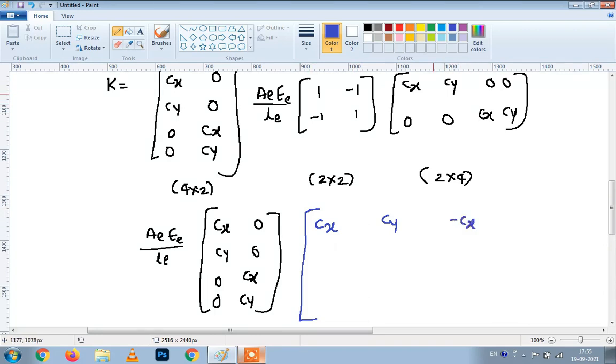The next one will be minus 1 into Cx, minus Cx, and minus Cy. In this way, we have to multiply and get our matrix. For the second row, we multiply the second row with the first column. So minus 1 into Cx is minus Cx, and as the second element is 0, it will be minus Cx only. Similarly, here it is minus Cy, multiplying the second row with the second column. Now we will multiply the third row with the third column and the fourth row with the fourth column, and we will get this matrix.